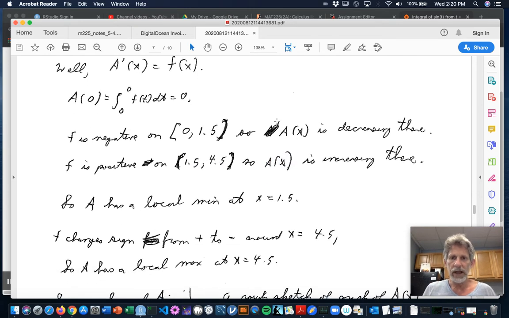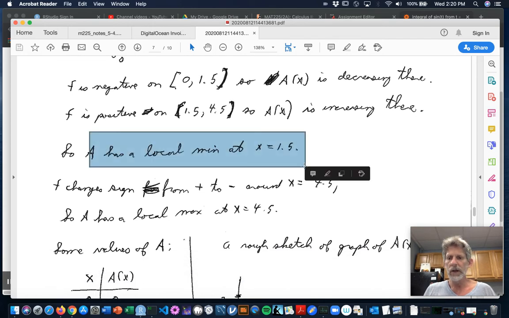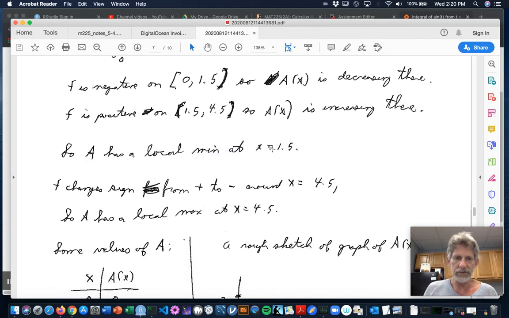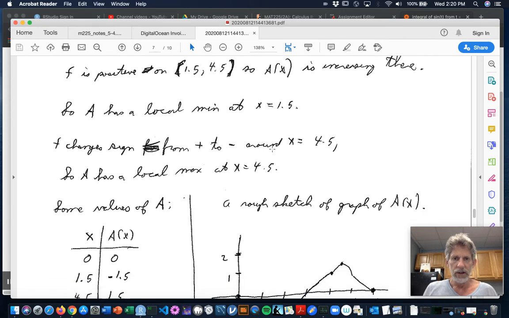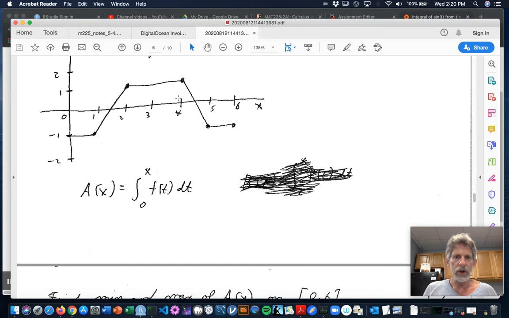So I've got that A is decreasing before 1.5 and increasing after 1.5. So A must have a local minimum right at x equals 1.5. Similar reasoning, think about what happens to the area under the curve function around 4.5.